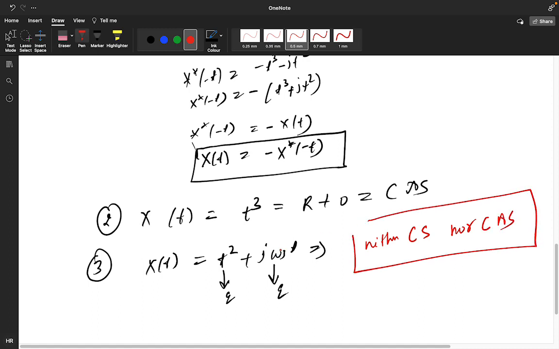So any signal can be broken into conjugate symmetric and conjugate anti-symmetric parts.